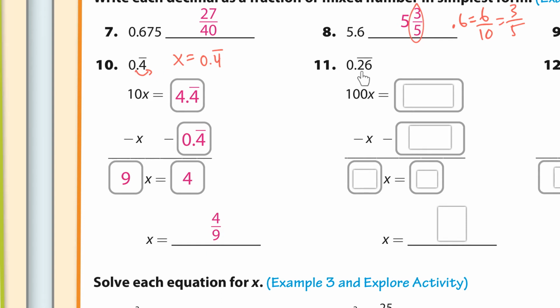And then they do this whole thing where if you have 100x, then you have to move the decimal 2 times, and you have 26.26, and the 26 is repeating like that. And if you subtract an x, then this is 99x, and x is supposed to be equal to one of those, and if you subtract that, you get 26.